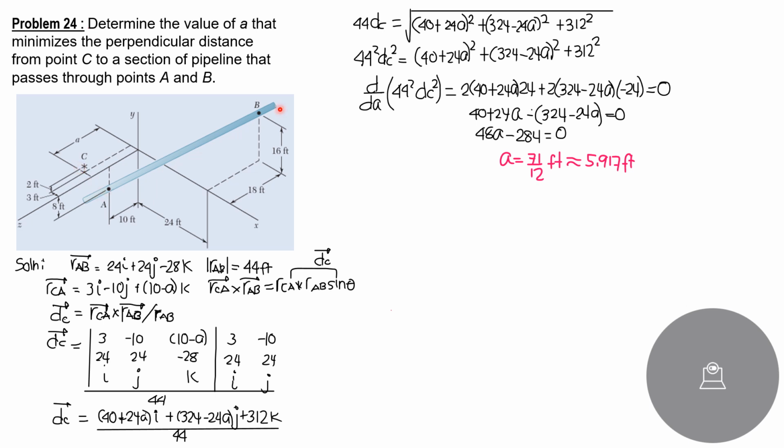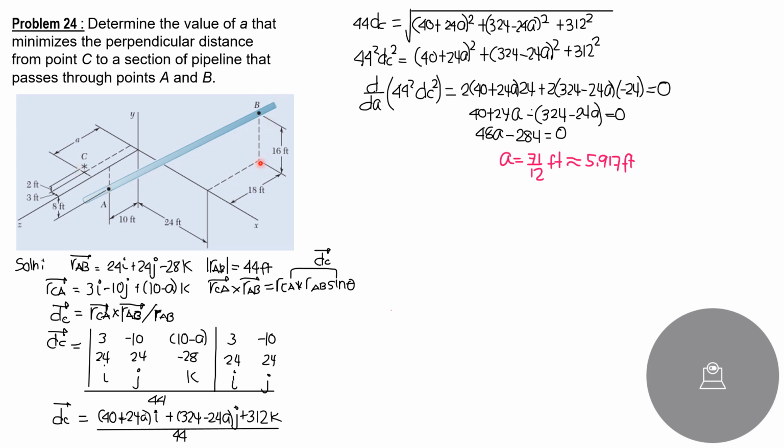But in this case, we just imagine that the directed line segment AB is the force, but it's not a force. That's distance or length. But we can consider that as a vector, as a directed line segment. So RCA cross AB or RCB cross AB.